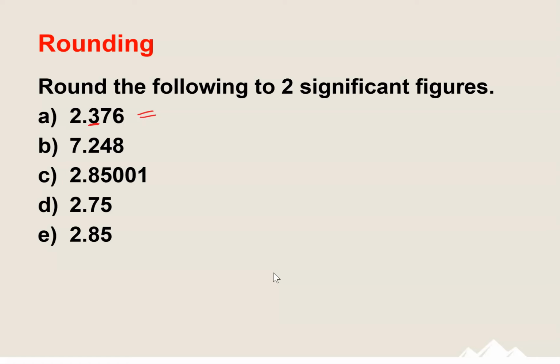In this case, it's quite obvious that it's closer to 2.4. Now, you might have learned a rule in high school that said when the digit you're going to drop is greater than 5, round up. Well, yes, that's true. But did you need to remember that? No. All right, on to the next one.